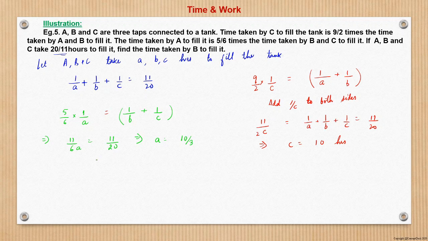And similarly, if we have found A and C, we can get 1 by B is equal to 11 by 20 minus 3 by 10 minus 1 by 10, which is (11 minus 6 minus 2) by 20, which is 3 by 20. So therefore B is equal to 20 by 3 hours, right?